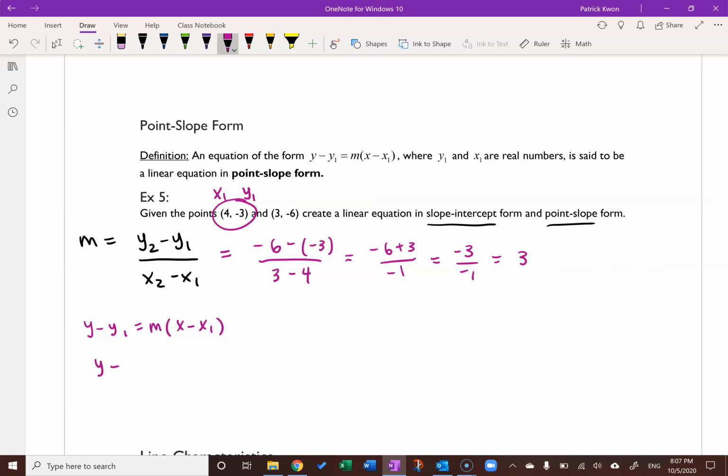So then we have y minus negative 3 equals, our slope is 3, and then x minus 4. And then on the left-hand side, we can clean that up a little bit. That's the same thing as y plus 3 is equal to 3 times x minus 4. So this is our equation in point slope form.